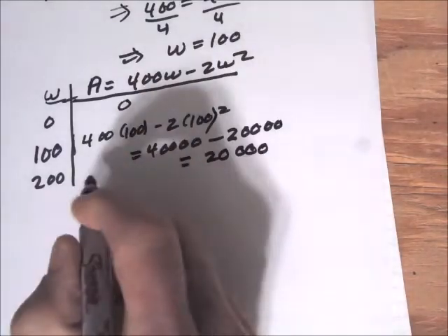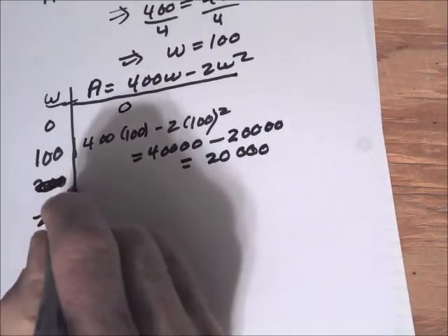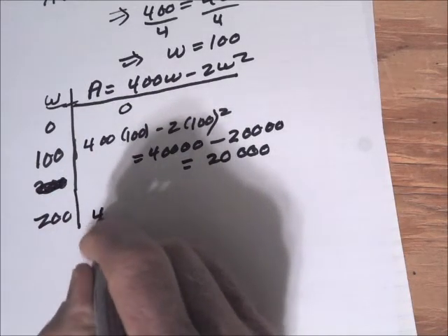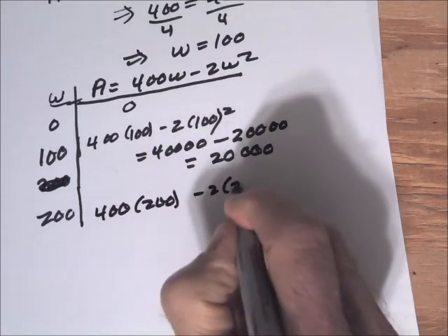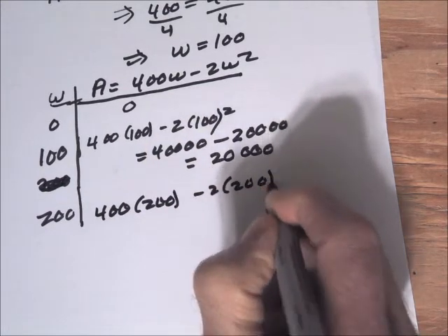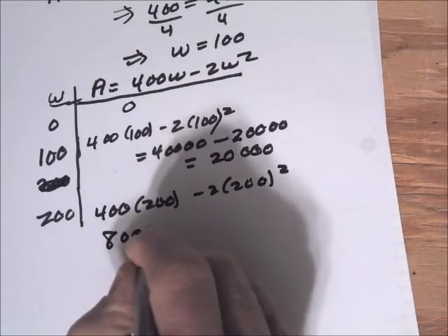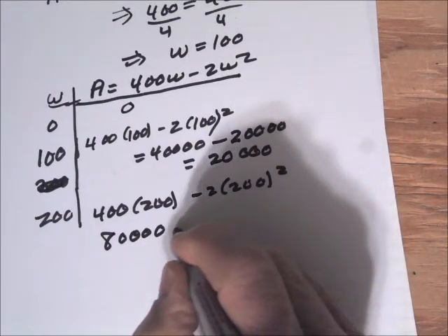And if we put in 200, if W is 200, you have 400 times 200 minus 2 times 200 squared. 4 times 2 is 8, and you have 4 zeros. 2 squared is 4, and then times 2 is 8.